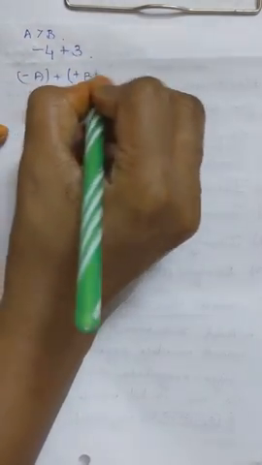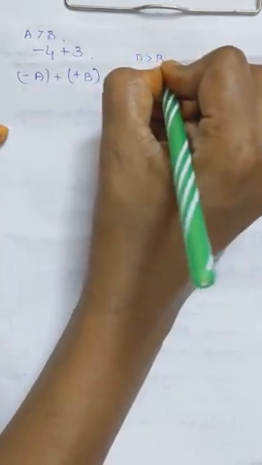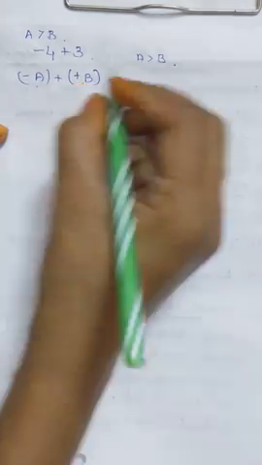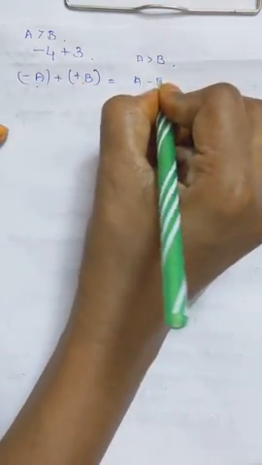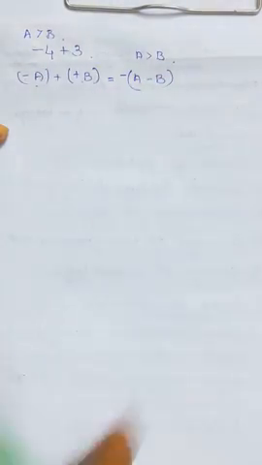Minus A plus B: if A is greater than B, since the sign is different, it is A minus B, and the greater sign will be put. This is the operation to be performed.